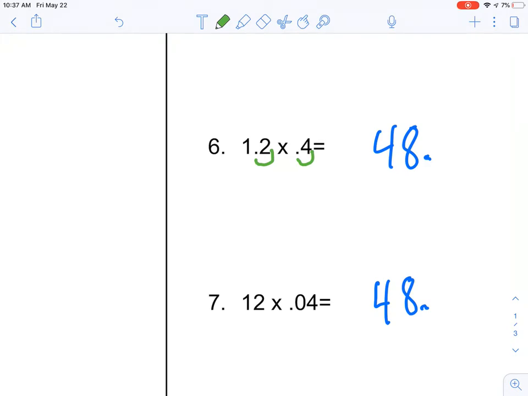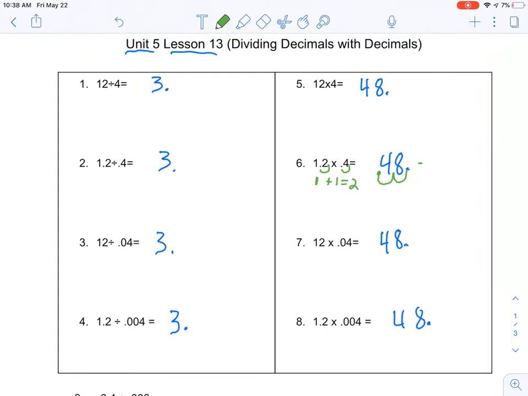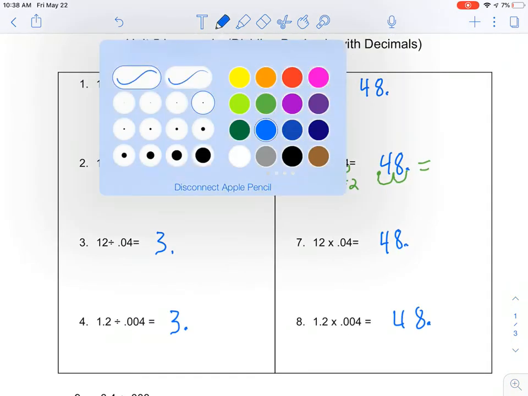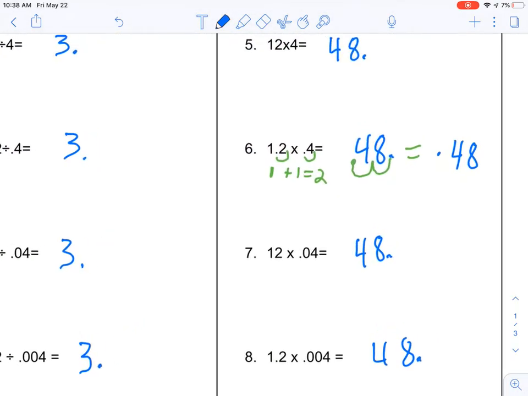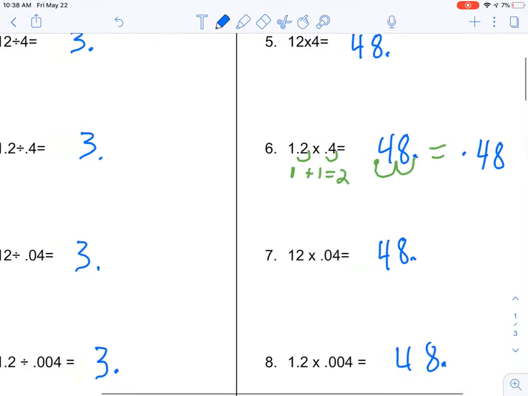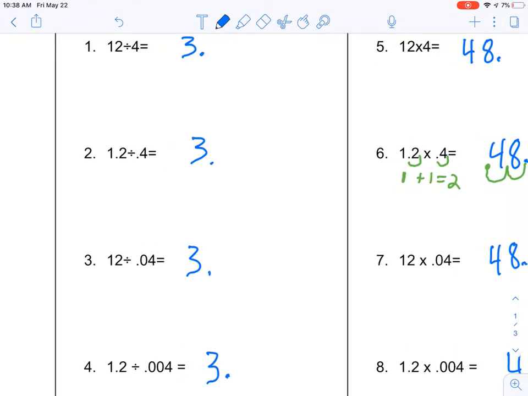Perfect, we add them together. So 1 plus 1 equals 2. So the decimals are going to be moving how many places? Two places, which will give us our ultimate answer of 0.48.